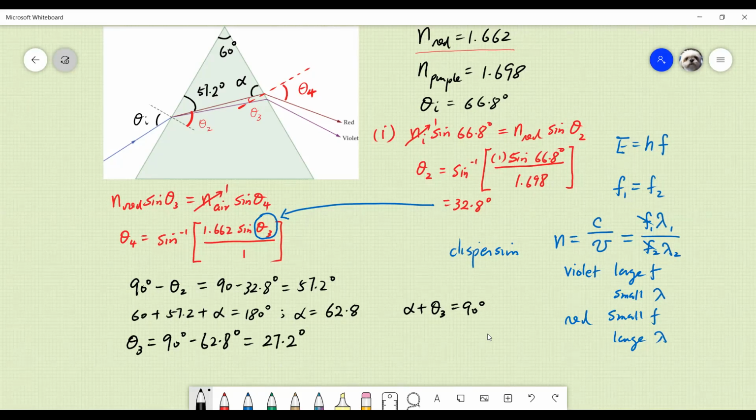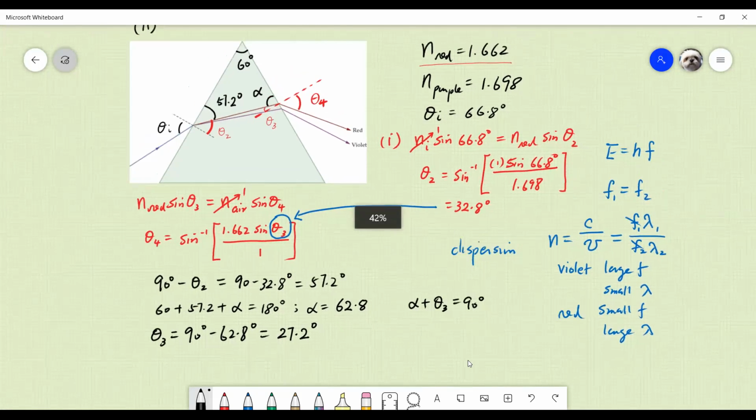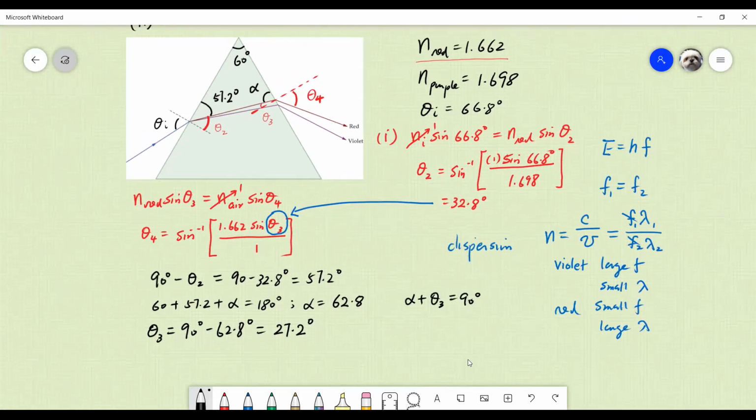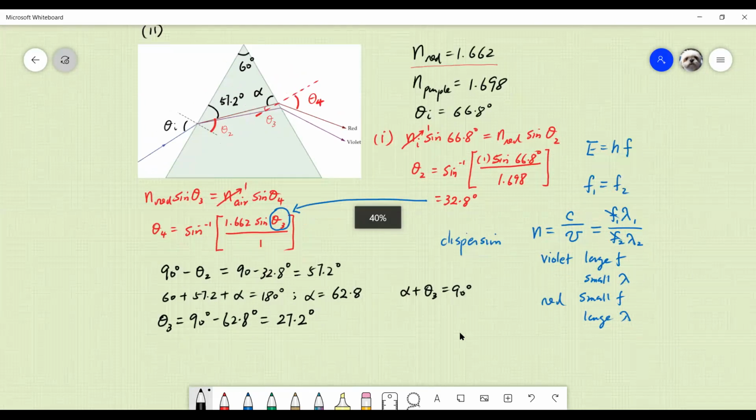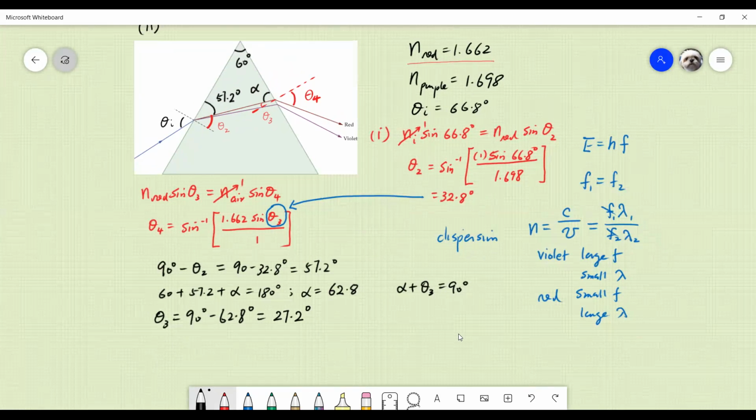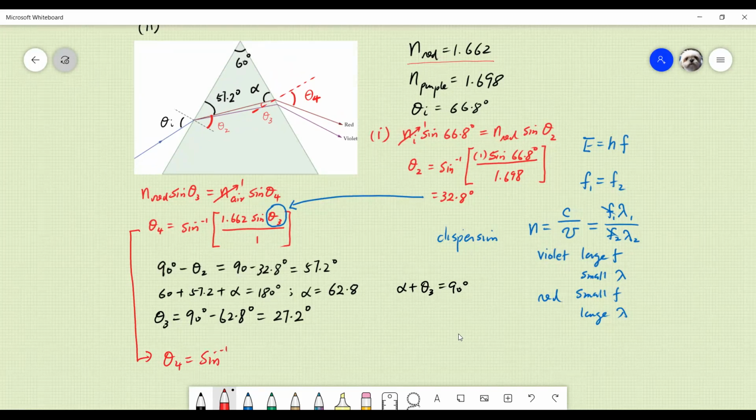Good. Now with this in mind, I should be able to find theta 4. Theta 4 will be equal to arc sine of 1.662 times sine 27.2 degrees divided by 1.